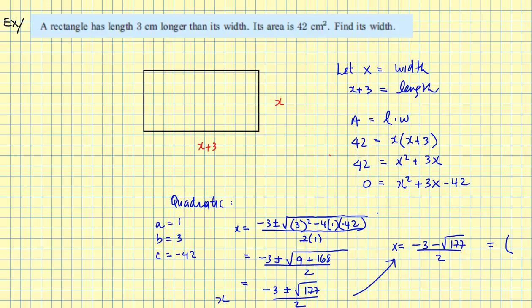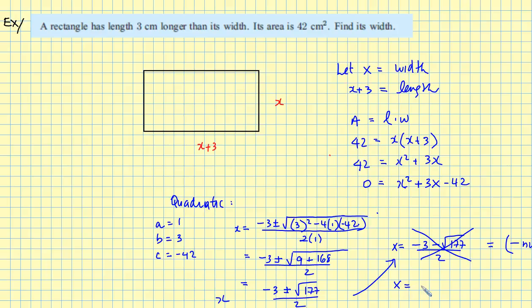And that'll give me a negative number, because negative 3 minus, let's say, 10 point something, 11 point something, actually more than that, it's like 13. So it's approximately 13 point something. That'll give me a negative number, and definitely I can't have a negative as a length of a side, so that will be excluded as a possibility.